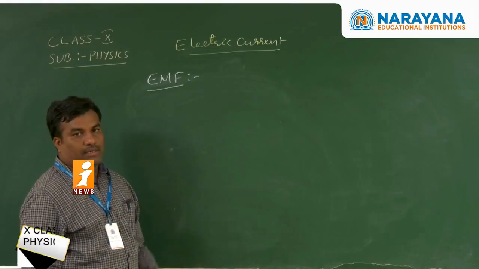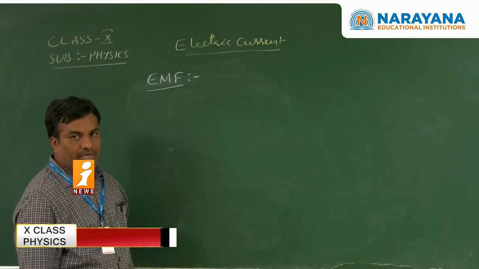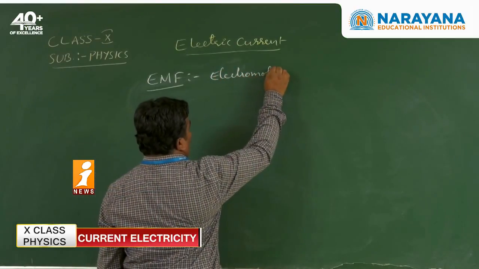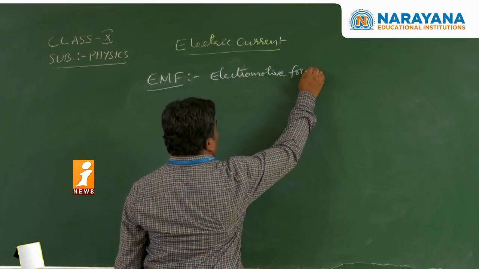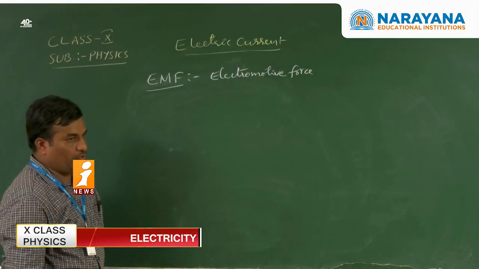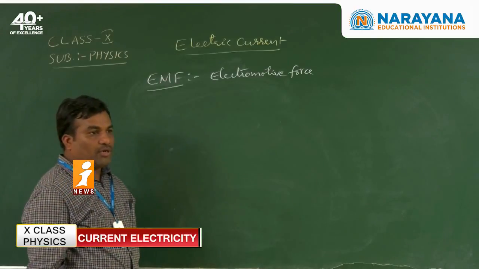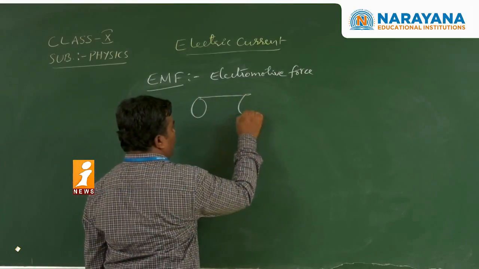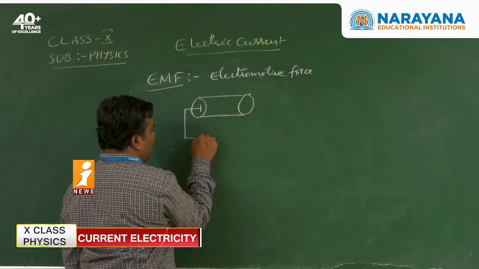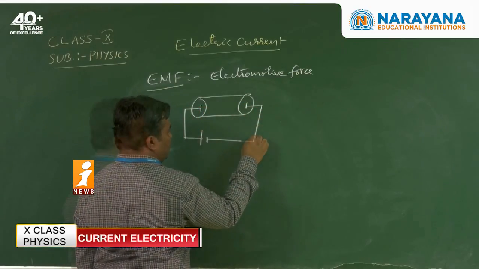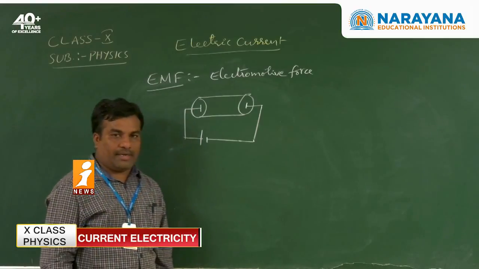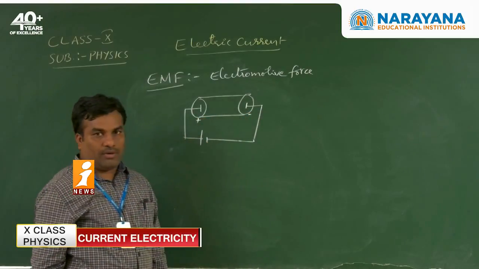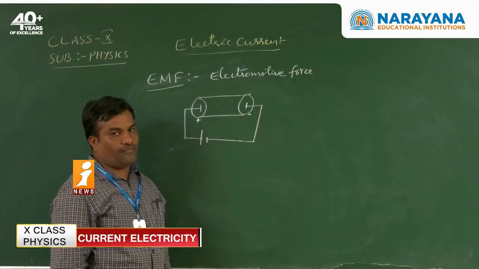Next we discuss electromotive force, EMF. When the ends of the conductor are connected to battery terminals, the electrons get the drift speed and travel from the negative end to the positive end by the action of electric force.